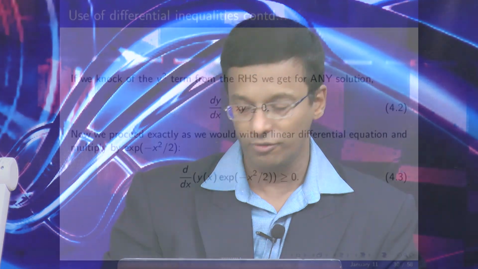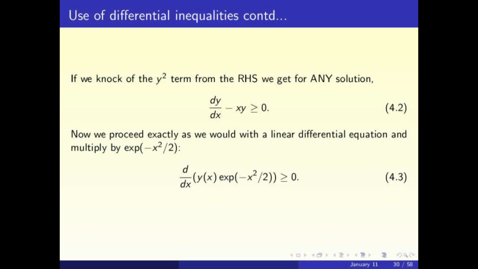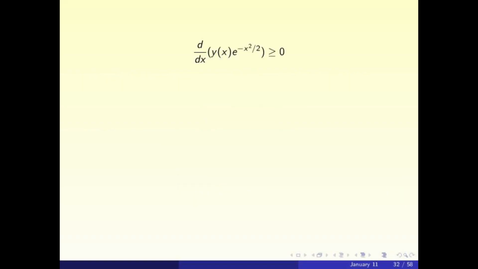When you integrate a derivative, you use the fundamental theorem of calculus. So you got d/dx of y(x) e^(-x²/2) greater than or equal to 0. So the integral from 0 to x of d/dt of y(t) e^(-t²/2) dt is greater than or equal to 0.